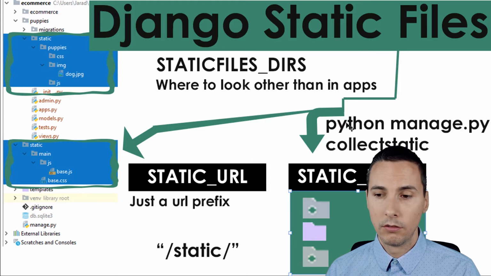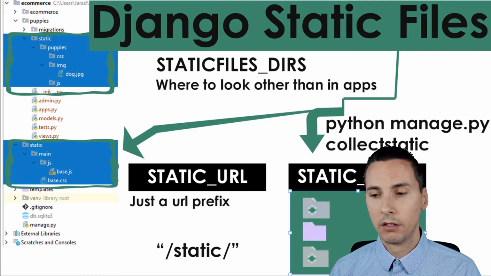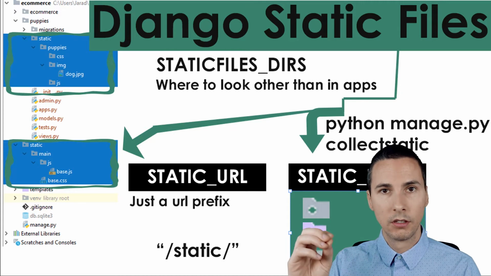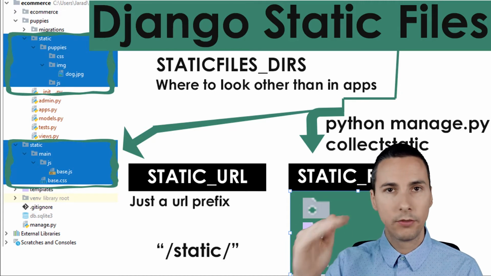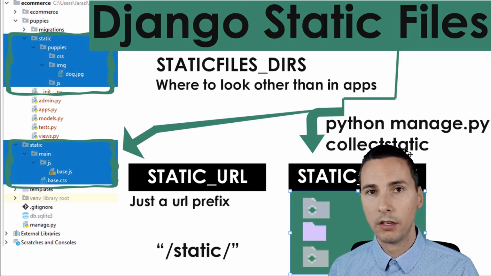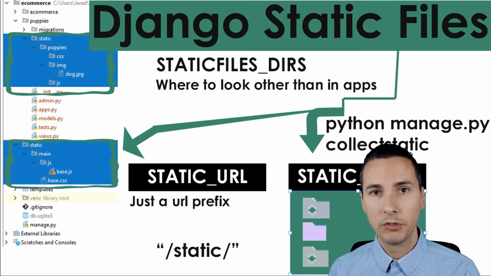Then, when we run python manage.py collectstatic, that command knows to look inside of apps. You could have five different apps, and each app could have a static directory of its own. All those static directories will be namespaced with the name of the app, right?